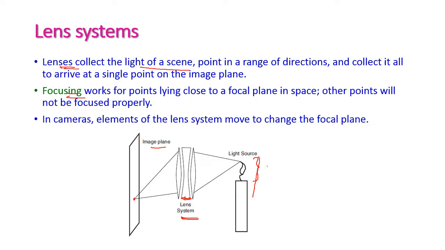By adjusting this lens we can easily cover the required object in the environment. So the elements of the lens system move to change the focal plane, and based on adjusting this lens we can cover only the required portion of the environment.